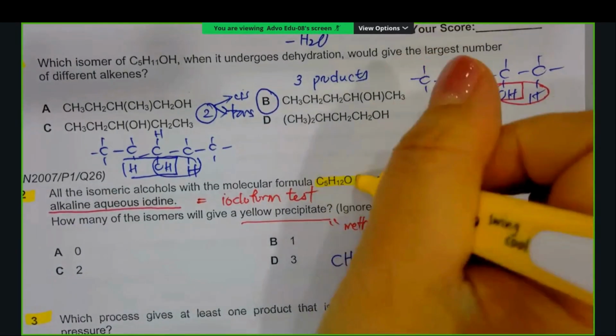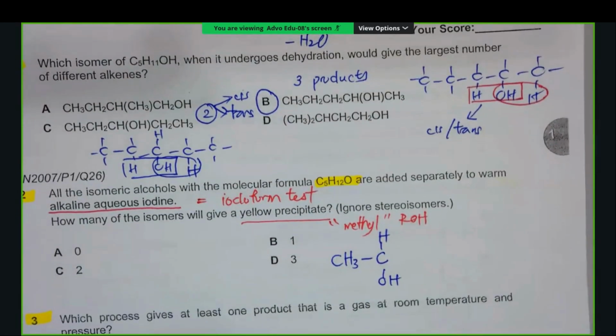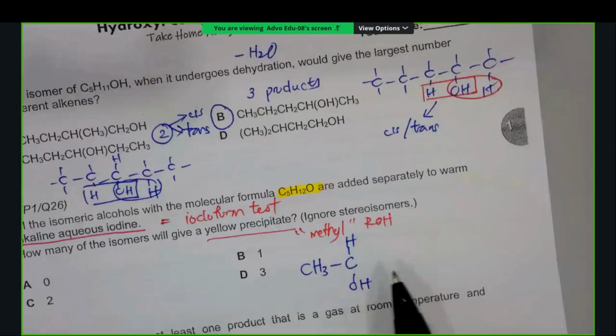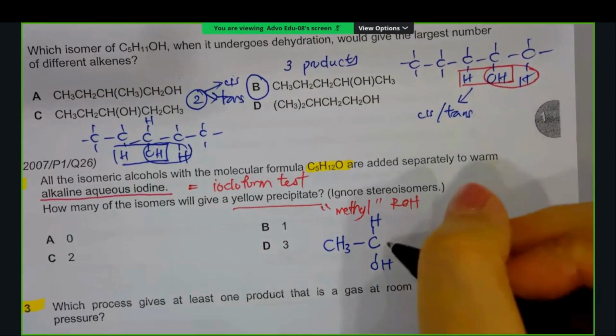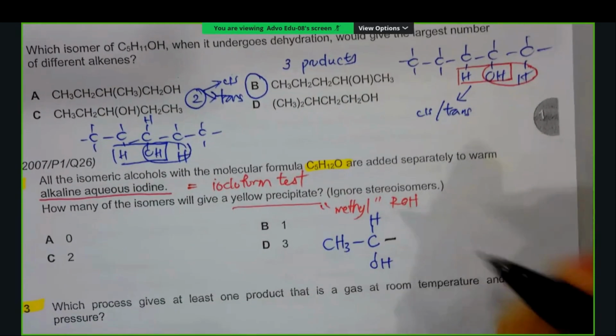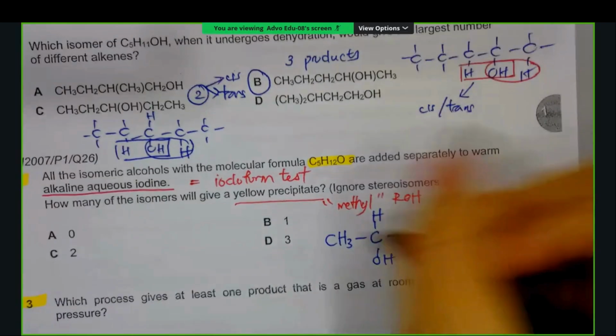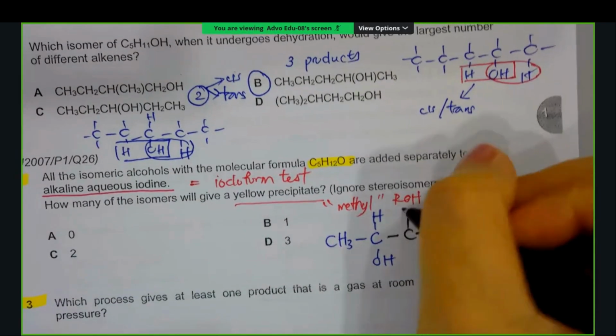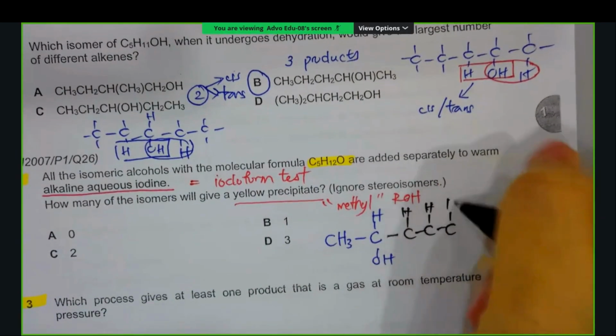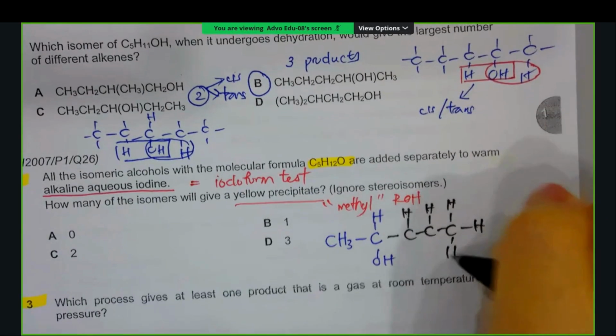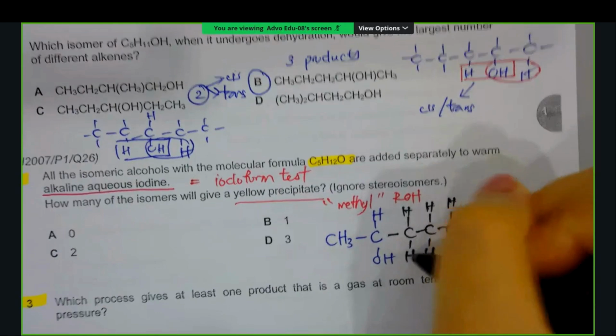The total number of carbon is only 5, and I already used 2 carbon. So for this portion, I only have 3 carbon to play around with. The remaining 3 carbon can be in a linear fashion, like that. Am I right?